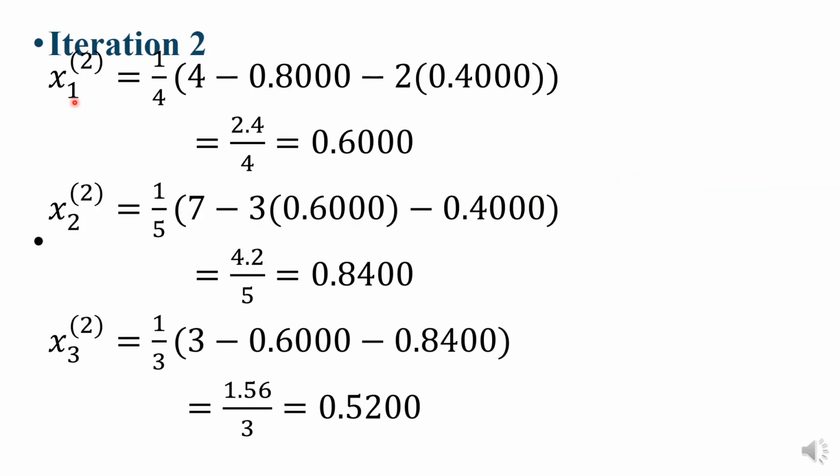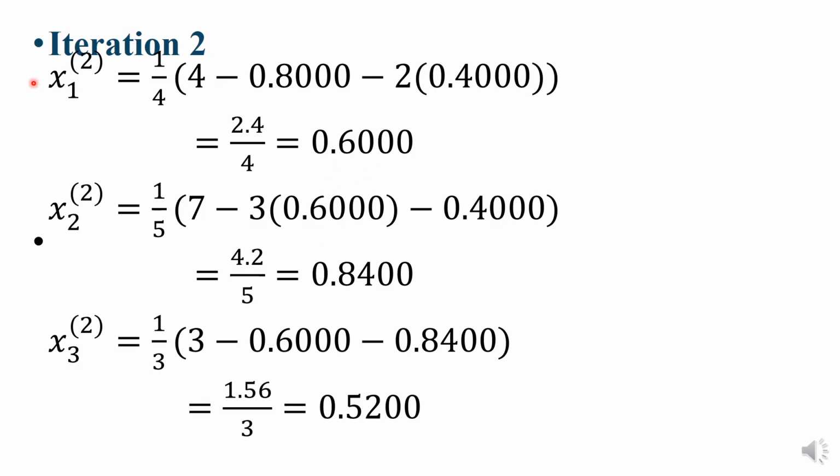You can see we put them according to the question, then we simplify and we get 0.60. If we have found x1, immediately we can put it in x2. We don't wait for another iteration. This is the main purpose of the Gauss-Seidel method.